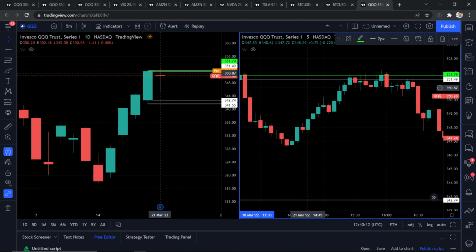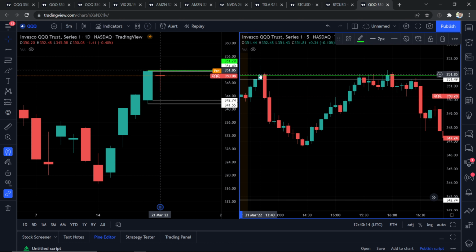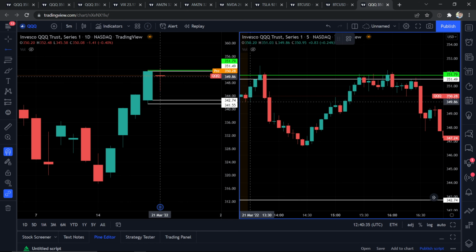Now, one of the things that you can see here after this pop above Friday's high of day, which is this green line, you see a big red candle that came in right after that. All right. This leads us to the next tip. So the third tip is mark out your first 5-minute candle.